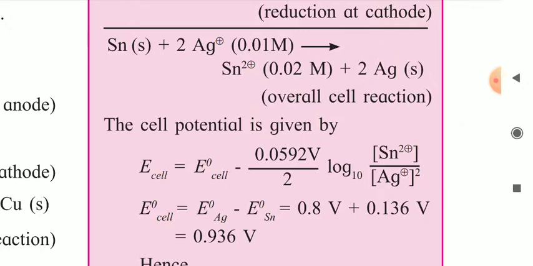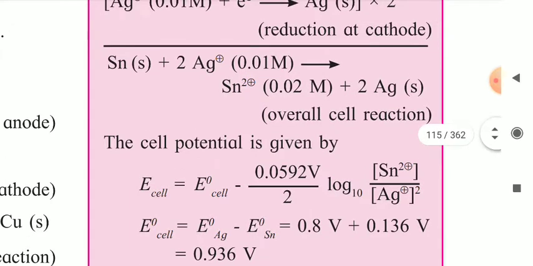Now we apply the Nernst equation to this net cell. The cell potential is given by E cell is equal to E0 cell minus 0.0592 divided by 2 into log to the base 10 of Sn2+ divided by Ag+ squared. Now students, why does this square appear here?